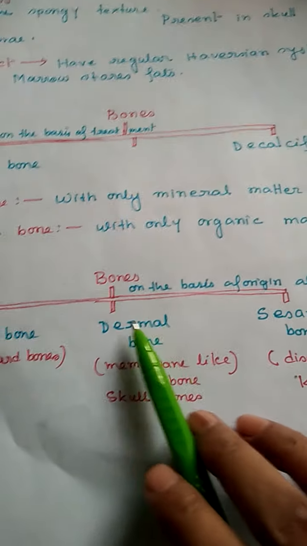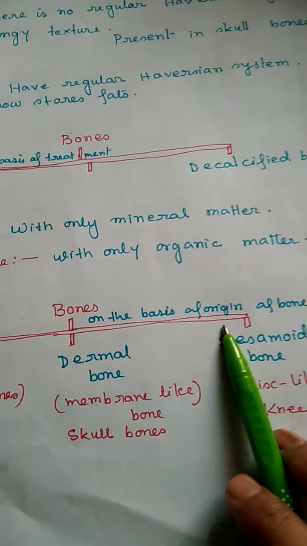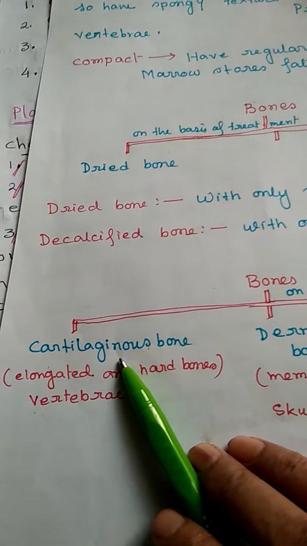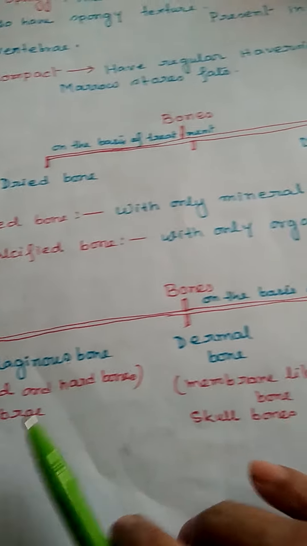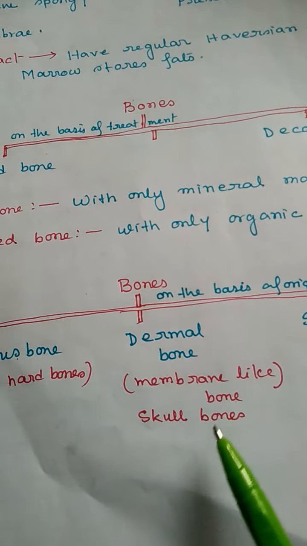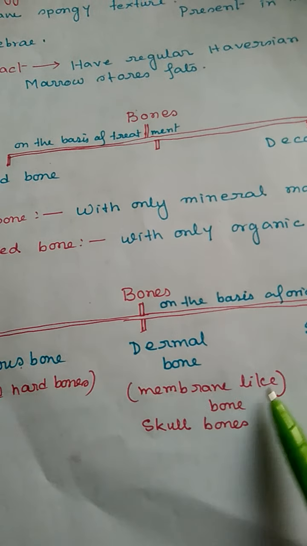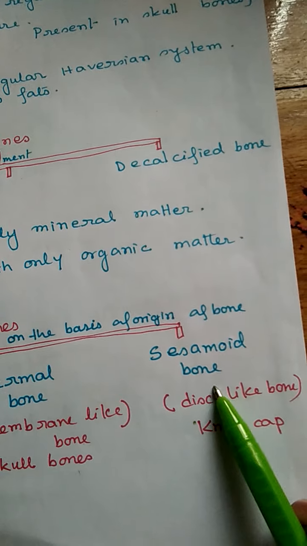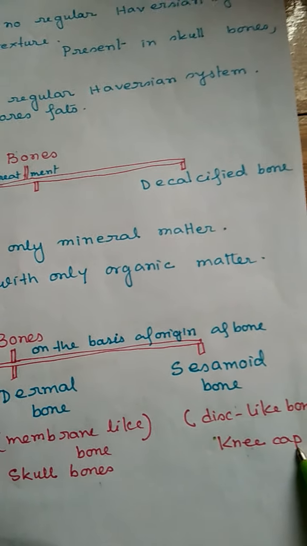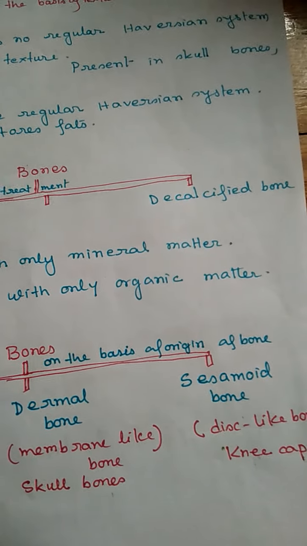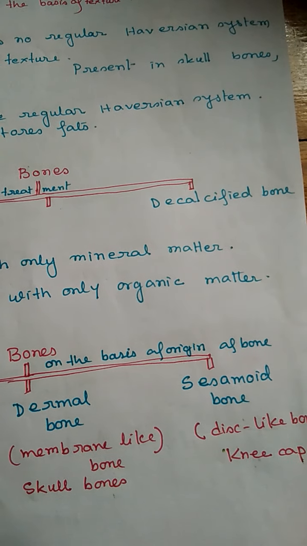Now bone on the basis of origin: cartilaginous bone is elongated hard bone found in vertebrates, dermal bone is membrane-like bone, that is the skull bone, and sesamoid bone is disc-like bone, that is the kneecap. So these are all different types of connective tissue.